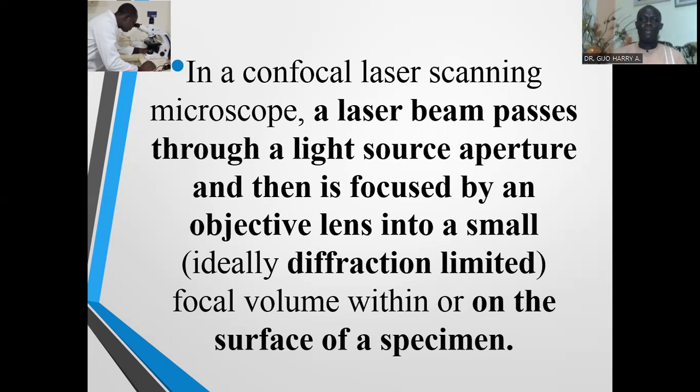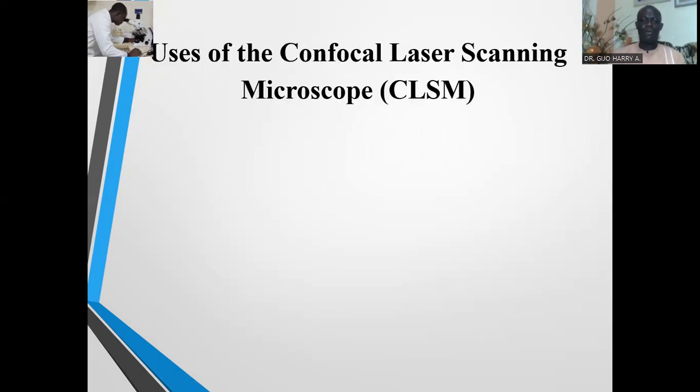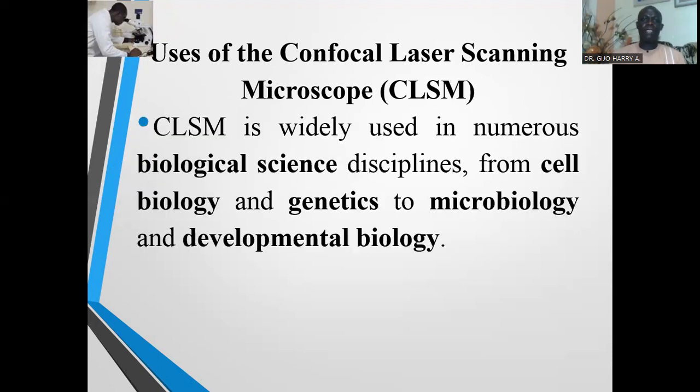The confocal scanning microscope has the following uses. The first use is that it is widely used in numerous biological science disciplines, from cell biology and genetics to microbiology and developmental biology. It is useful in most aspects of biological sciences.